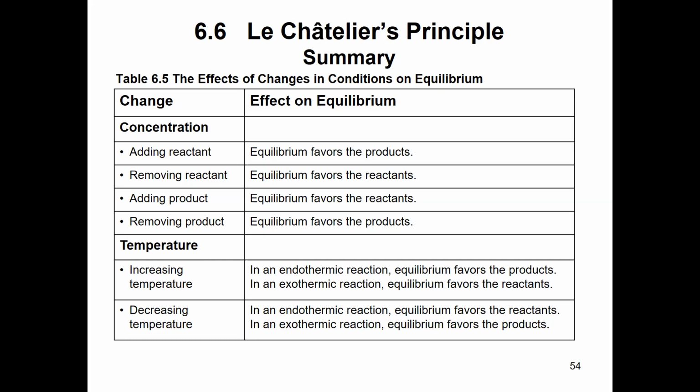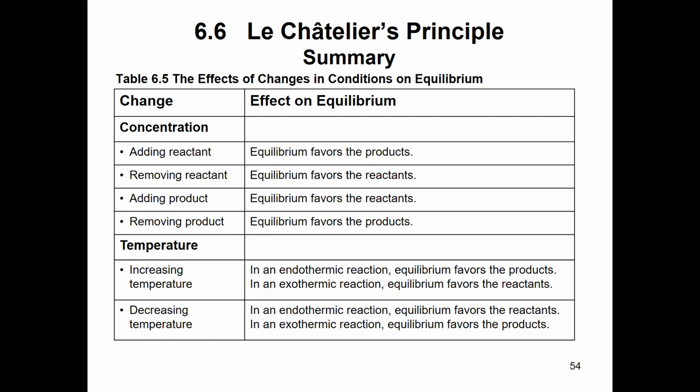Another factor is the temperature. So if you increase the temperature, the effect will depend on whether you have an endothermic reaction or an exothermic reaction. If you increase the temperature for an endothermic reaction, this will favor the product, because an endothermic reaction needs energy to happen, right? It needs to absorb energy from the outside. So increasing the temperature provides that energy.